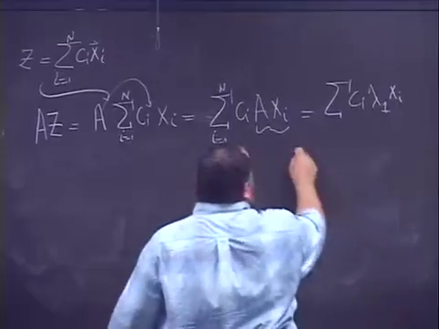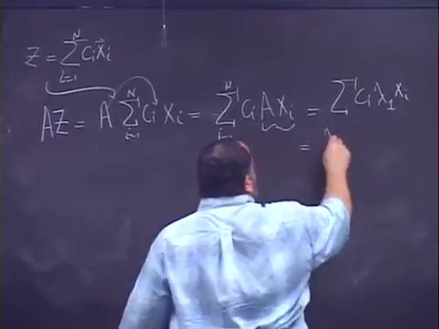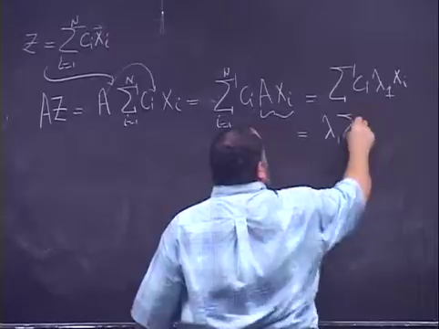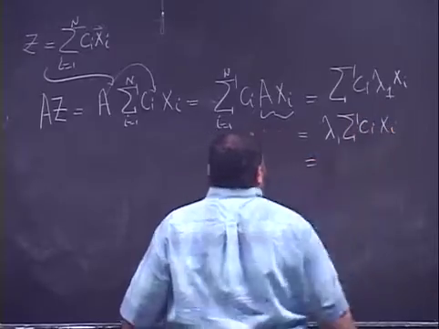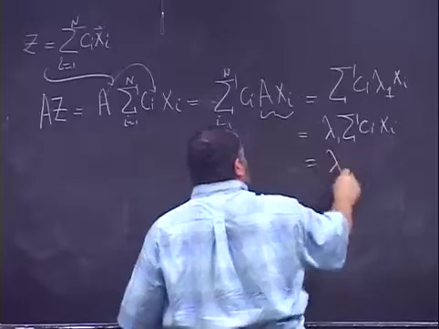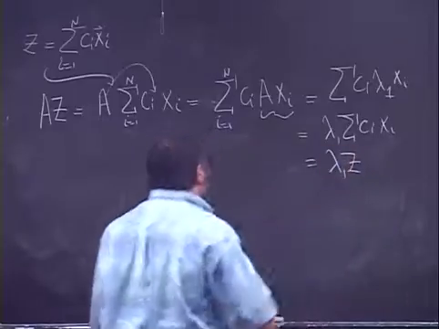This will be equal to what? Lambda 1 will be outside, the summation of Ci xi, and what's the summation of Ci xi? It is Z again.